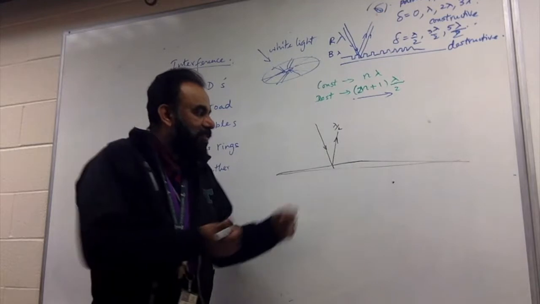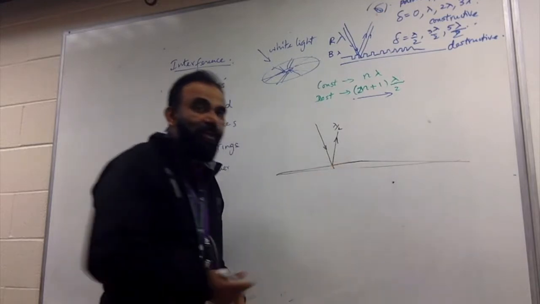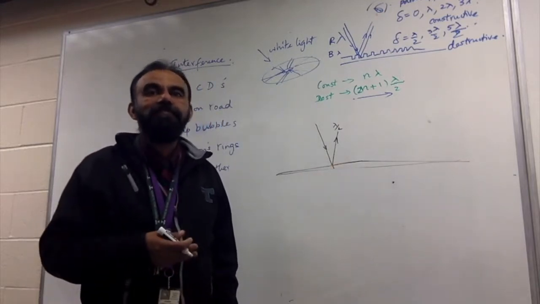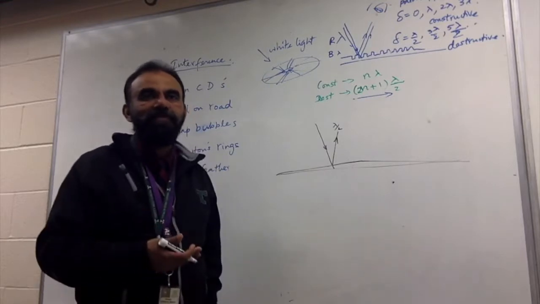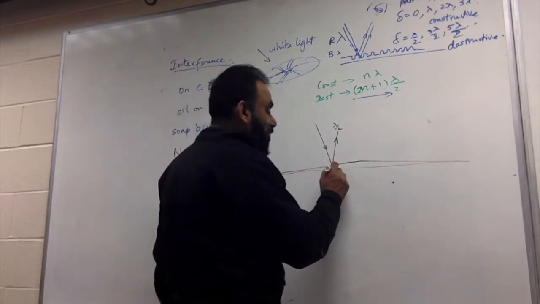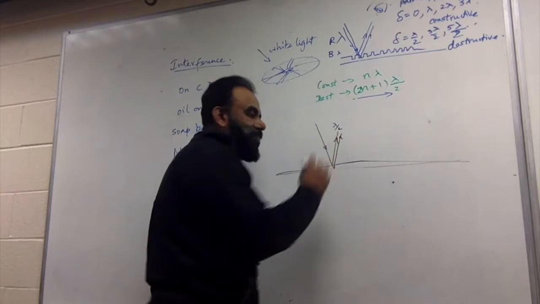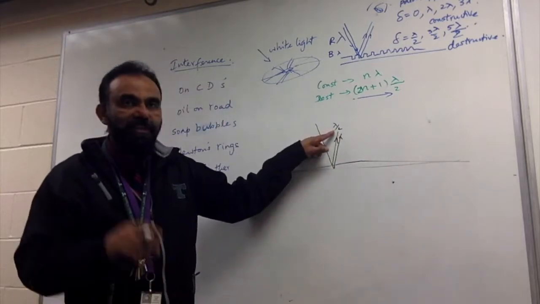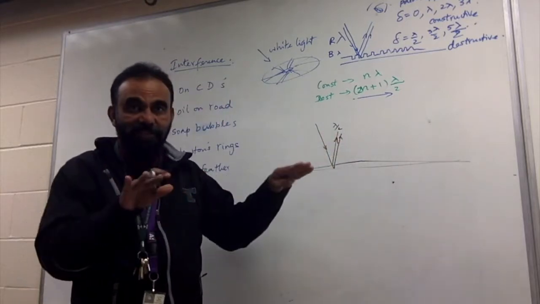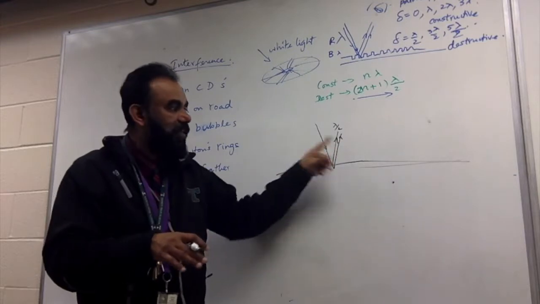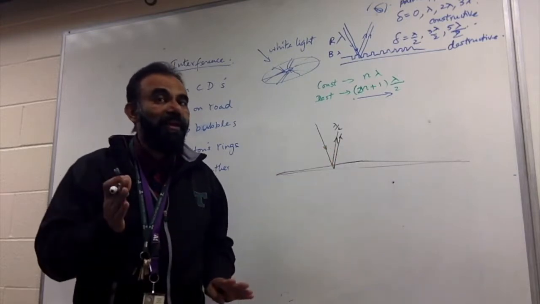So this one is going to hit a rarer medium, and so it suffers nothing, no change. So this one suffers a lambda over 2. This one suffers nothing. So both of these already have a lambda over 2.